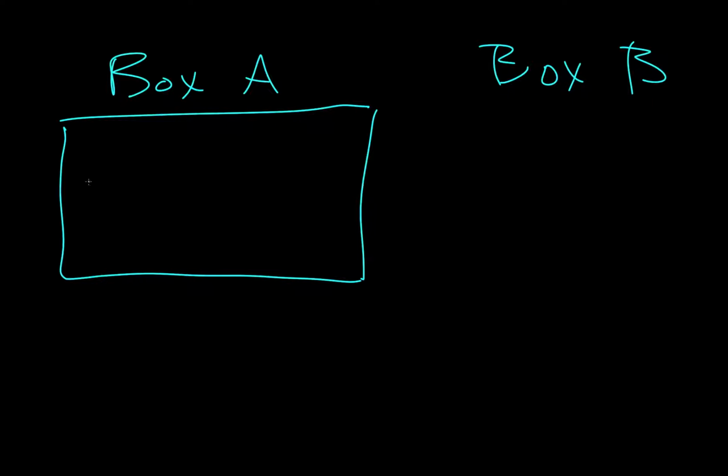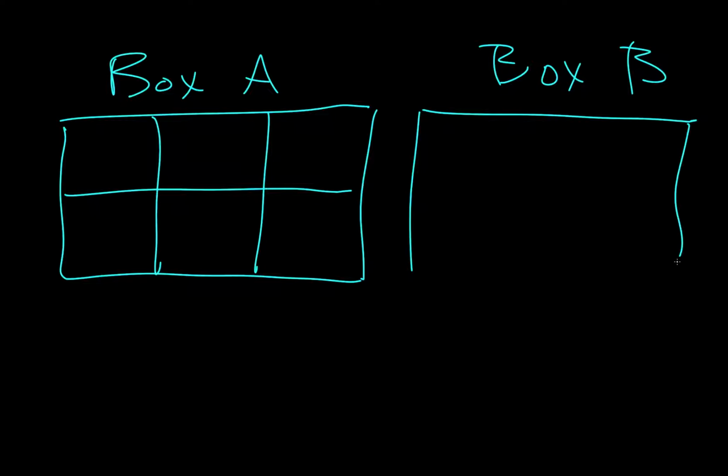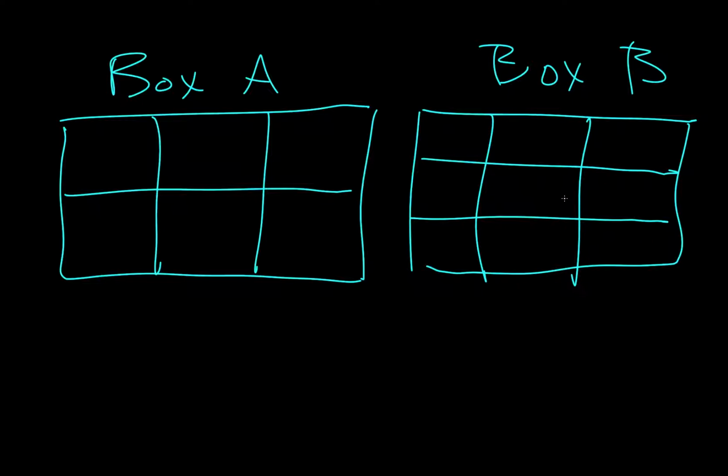Let's call it box A, box B. Box A contains 2 plants with purple flowers and 4 plants with white flowers.